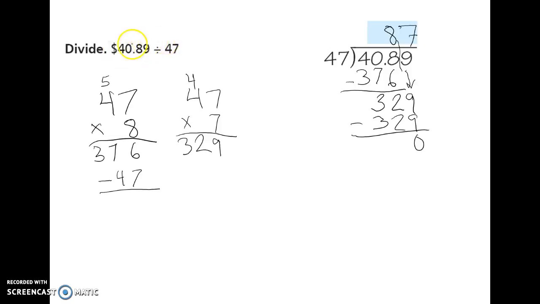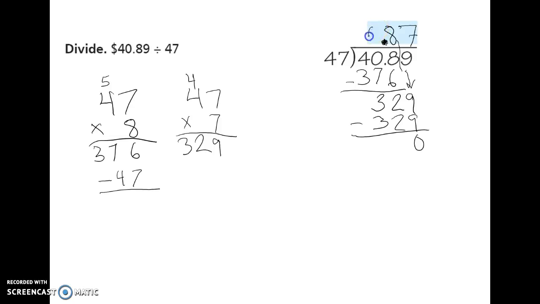No, the answer is going to be less than one whole dollar. In fact, this decimal point is going to go right where it was here. I'm just going to move it up above the house. And this is what my answer looks like.